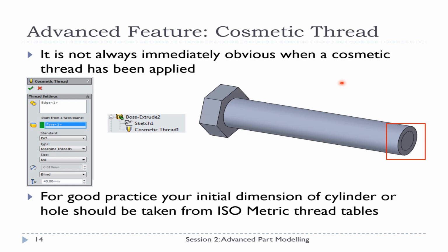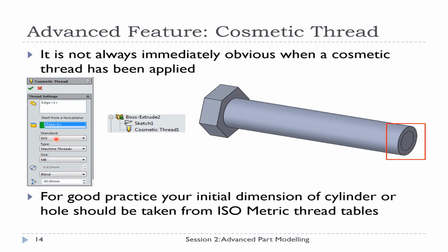Once you've selected the cosmetic thread tool, you need to select an edge to start with. So in this case, it's going to be the end face of the cylindrical boss of this bolt. Then from these parameters, you can select different standard, different type, or different size.